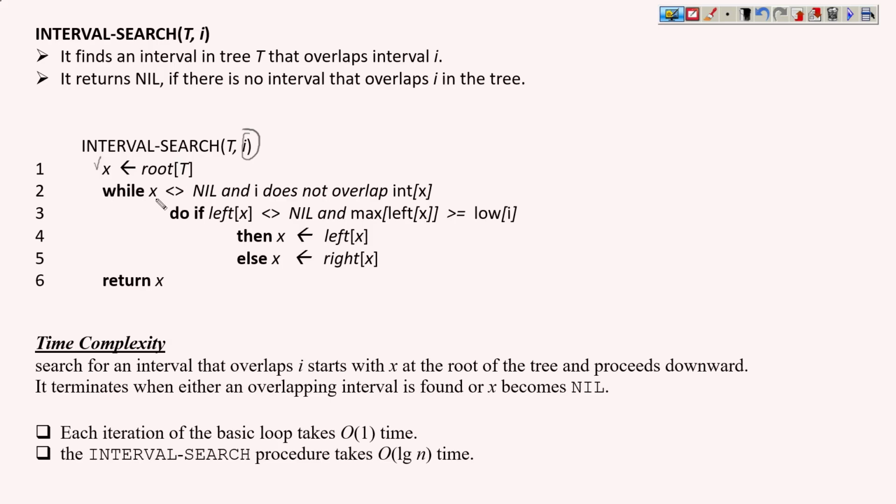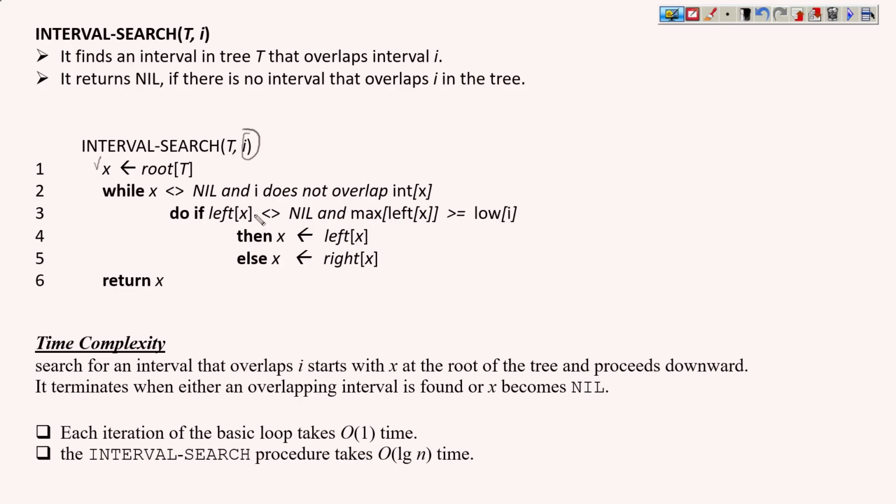So if x is not nil, it means the tree exists, and i does not overlap with int x, meaning the root exists and the i which we are searching for is not found at the root node, then we have to proceed to the left or right.